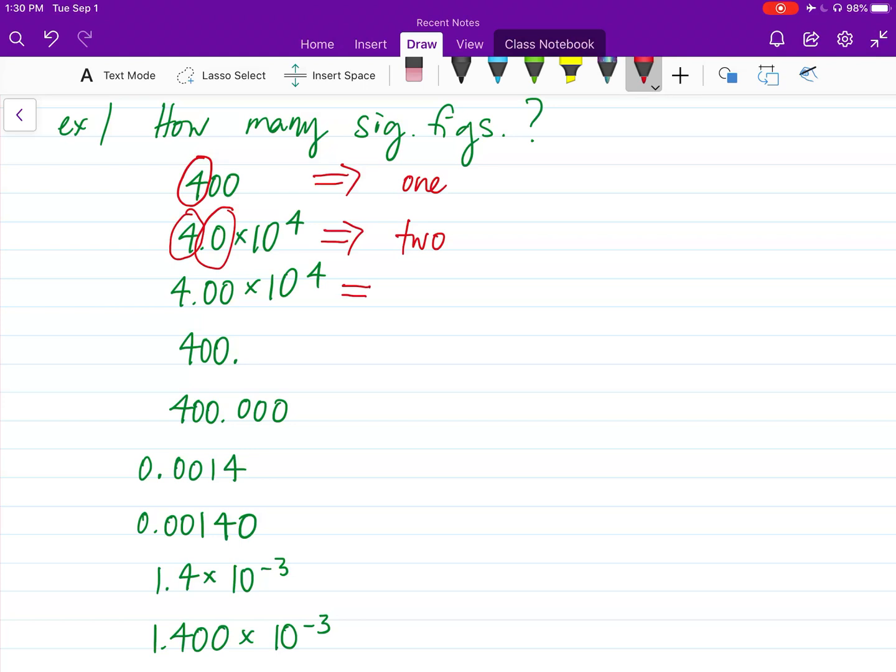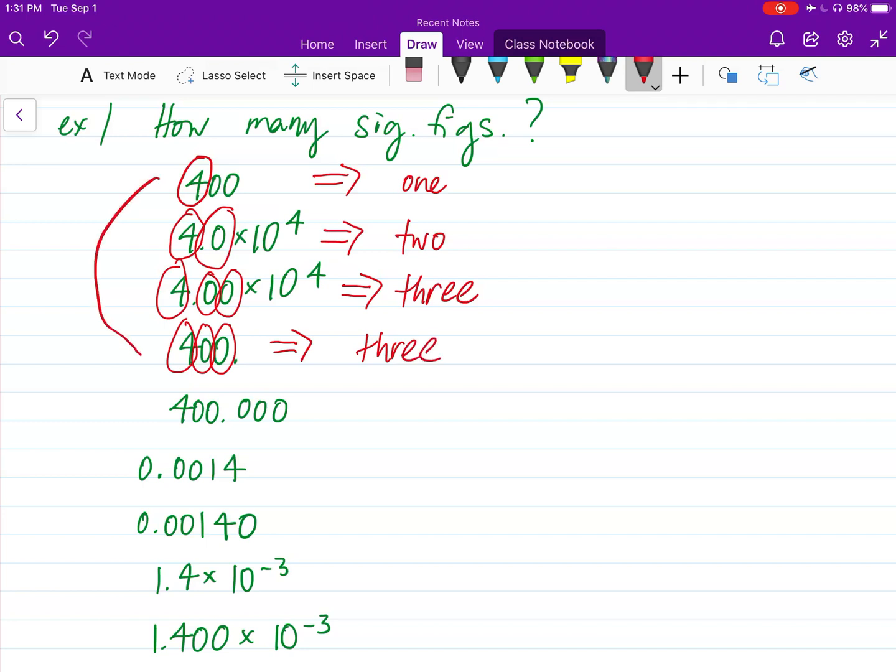Just as in this example, because of the decimal point, this number, and this number are all significant. So we have three significant figures in this example. In this 400, because of the decimal point here, all three of these digits are significant. So we have three sig figs here.